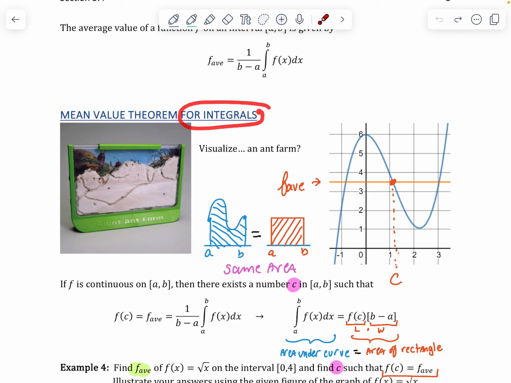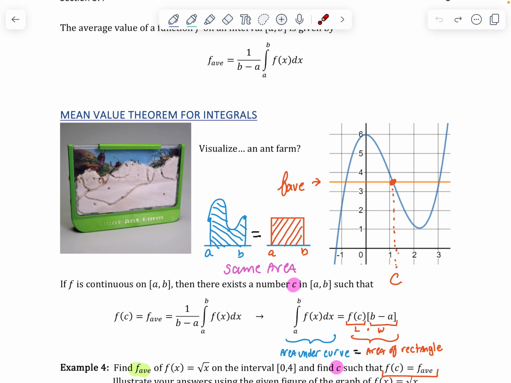But now, when we talk about the mean value theorem, we can also refer to a separate formula for integrals. So in a sense, think of this ant farm off to the left. There are certain areas where there's a lot more paths that the ants have gone through, and then there's sections where maybe no ant path exists. That's hard to say.